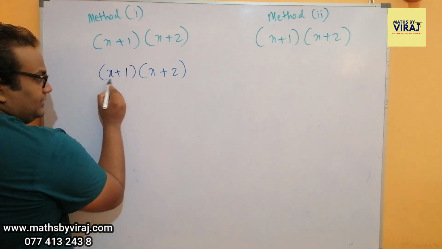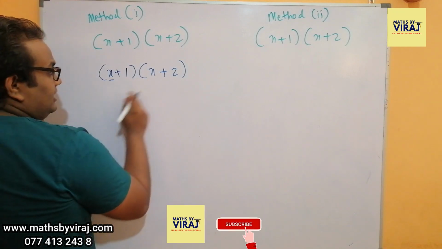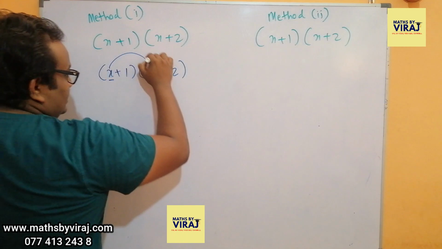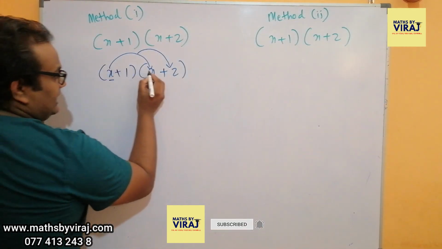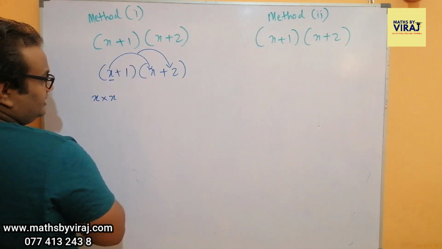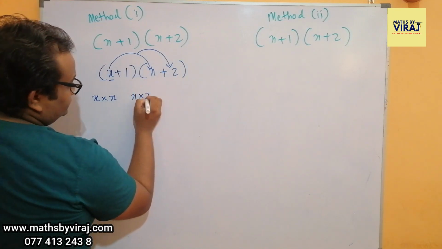this particular variable, you should multiply this particular variable by both the variable and number, that is x2. X is to be multiplied by x, x into x, right? Again x by 2.